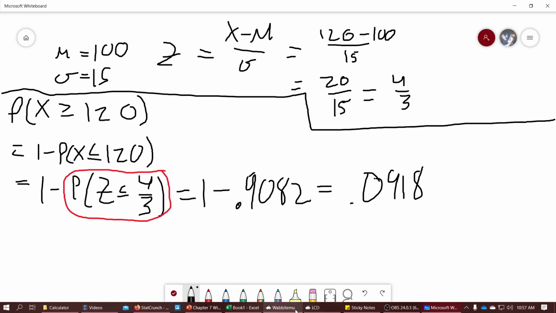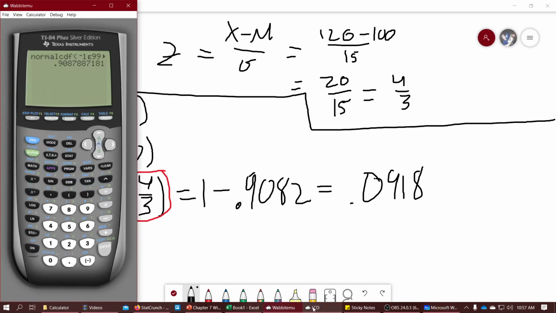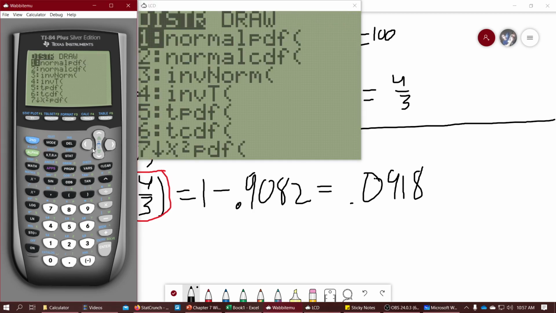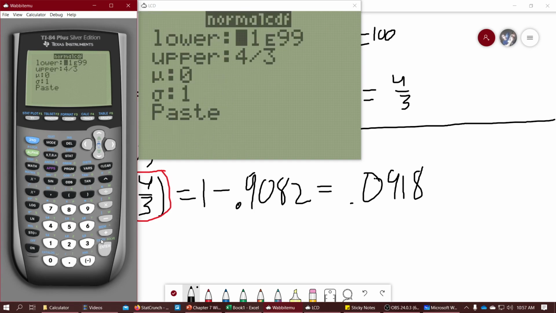Okay, so now the other way we can do this. The original question asked, what is the probability that x is greater than or equal to 120? So I'm going to go back to distributions and normal CDF, which is the normal cumulative distribution function. Because we're answering questions about less than or equal to or greater than or equal to, that is why we use the CDF. Remember, that's when we use cumulative.